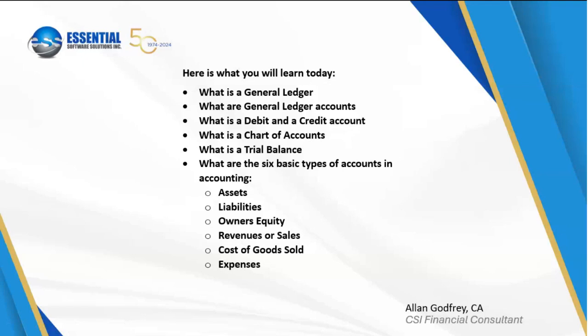A lot of ERP systems will automatically do the one side of the entry for you, but if you do just a regular GL transaction, you've got to kind of think about what it is that you're doing. So we're going to be talking a little bit about that.